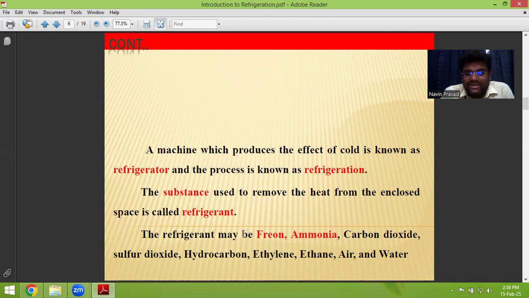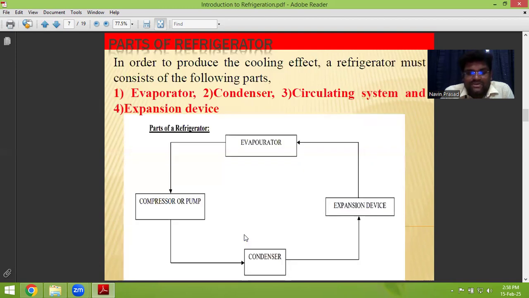The refrigerant used must be eco-friendly, and it should not affect the environment and living things. So these are the parts or components of a refrigerator which produce the cooling effect. The refrigerator must consist of these parts, such as the evaporator, condenser, compressor, and expansion device.